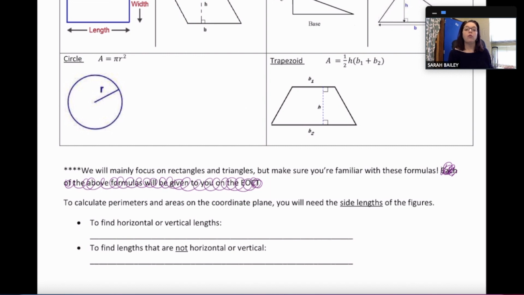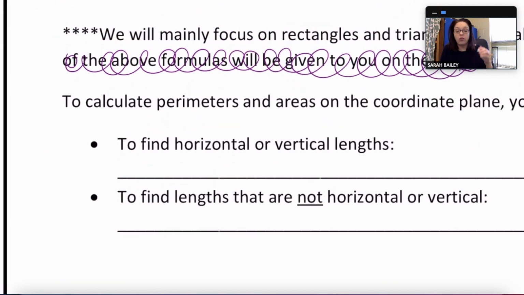All right, so if a figure is drawn in the coordinate plane, however, it says to calculate the perimeters and areas on the coordinate plane, you have to find the side lengths of the figures. Those side lengths aren't going to automatically be given to you. If the side lengths are horizontal lines or vertical lines, then to find those side lengths, we can just count the boxes. This is what I'm going to write.